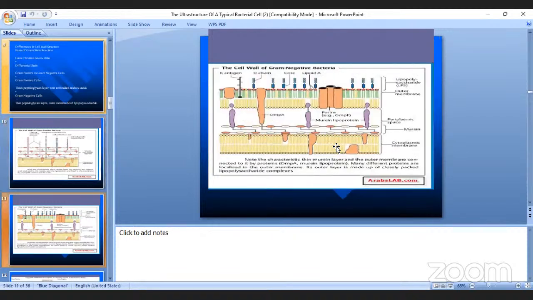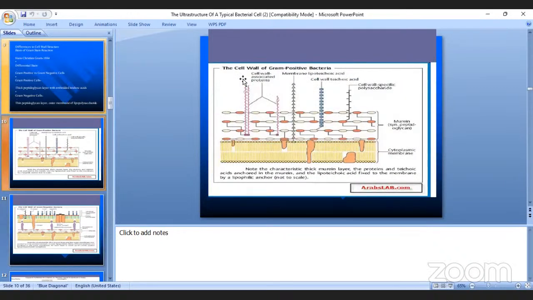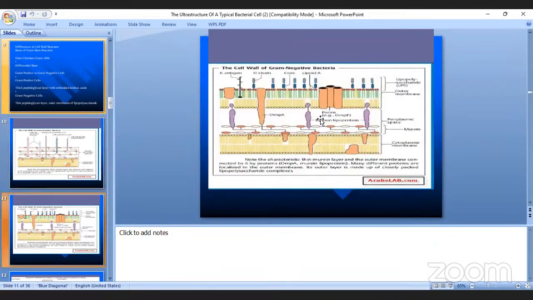If we see the negative diagram, what do you observe in negative and positive? In positive, teichoic acid is present in this diagram. In negative bacteria there is no teichoic acid. Murein is common in both, and polysaccharide is also common in both.